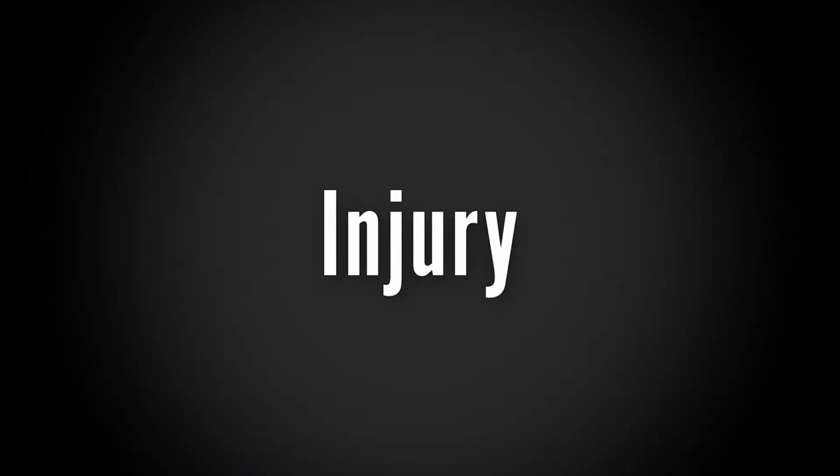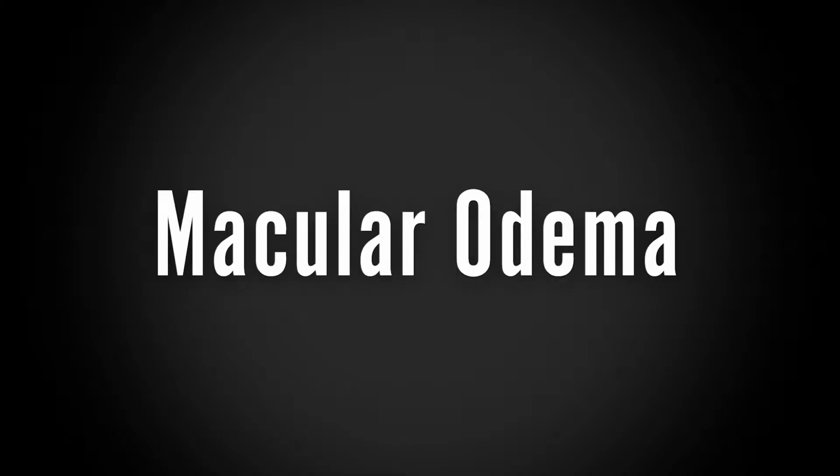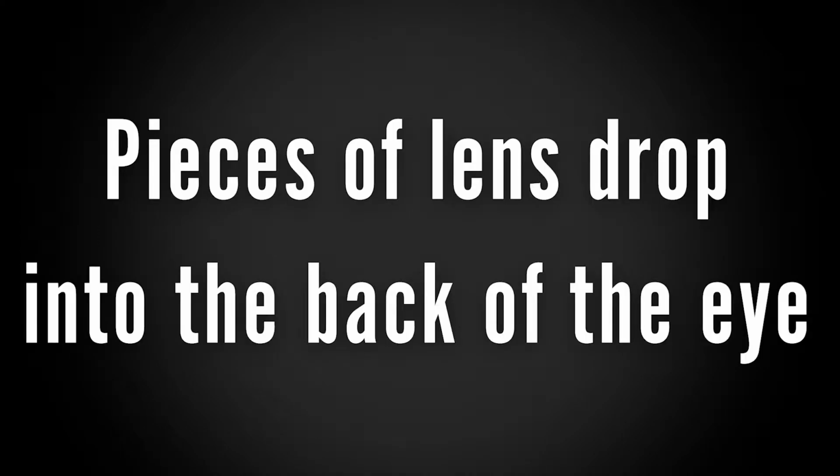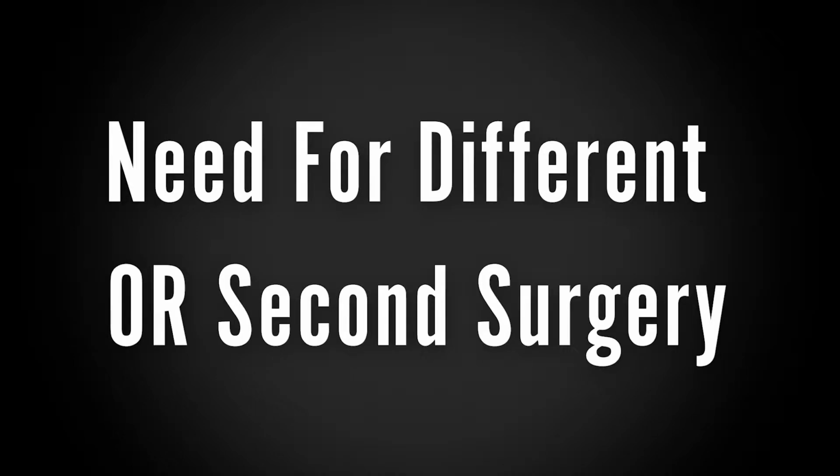On average, 9 out of 10 surgeries go well. However, one needs to know that cataract surgery may have its own complications. The major risks of cataract surgery include, but are not limited to, bleeding, infection, injury to parts of the eye from anesthesia or the operation itself, pieces of the lens that drop to the back part of the eye requiring a different surgical procedure, high eye pressures, a detached retina, double vision, and a droopy eyelid.